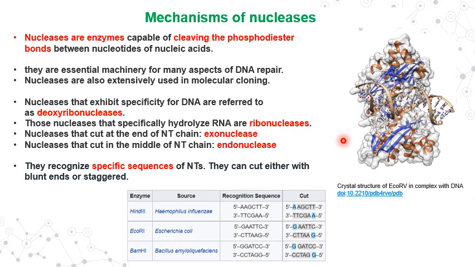This information is very useful when you look at bacterial cells, because that enables us to manipulate genes with ease.